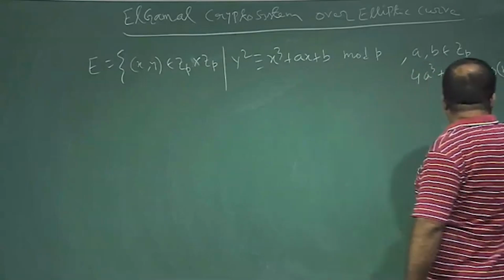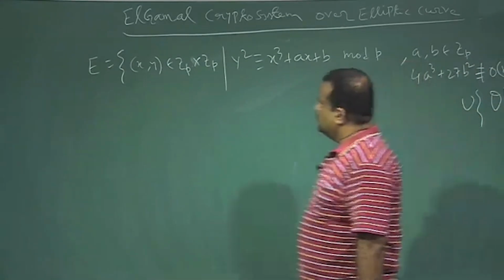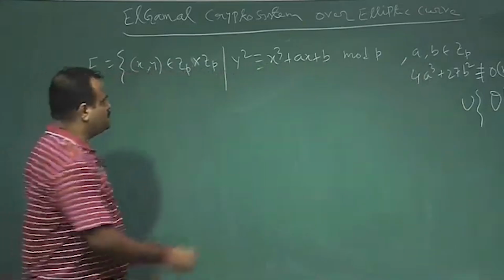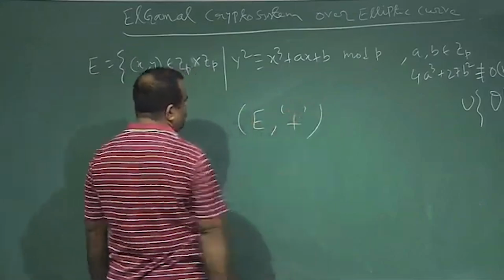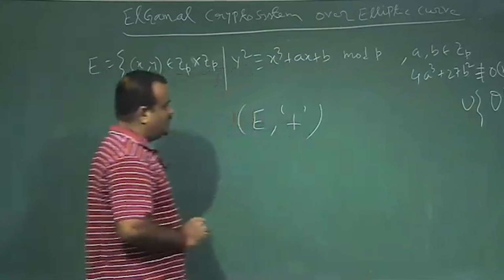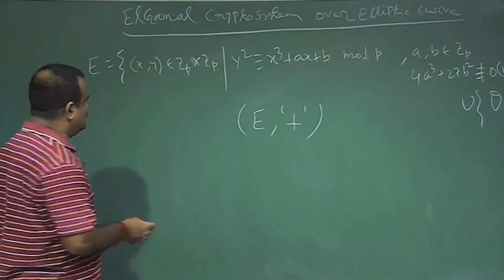Then this, along with the point at infinity, forms an abelian group under the addition operation, and this addition operation is defined as follows.